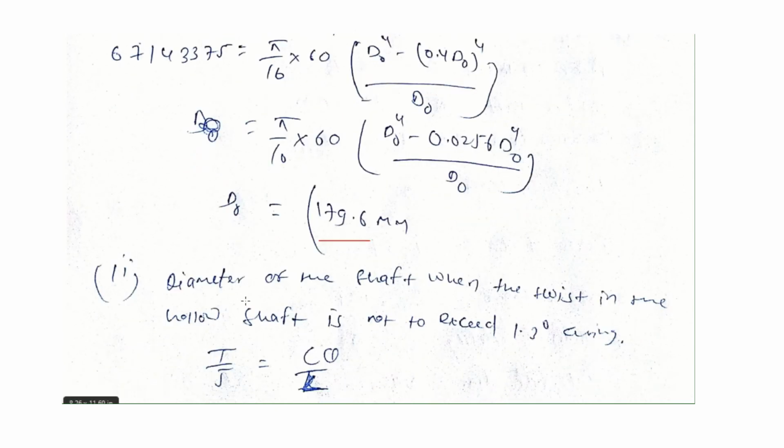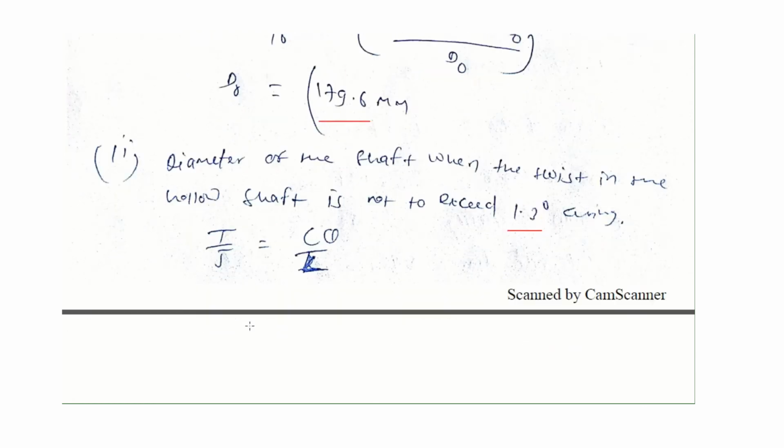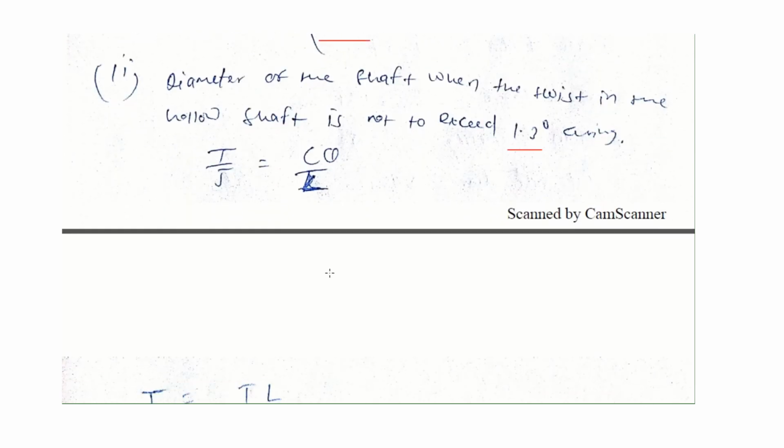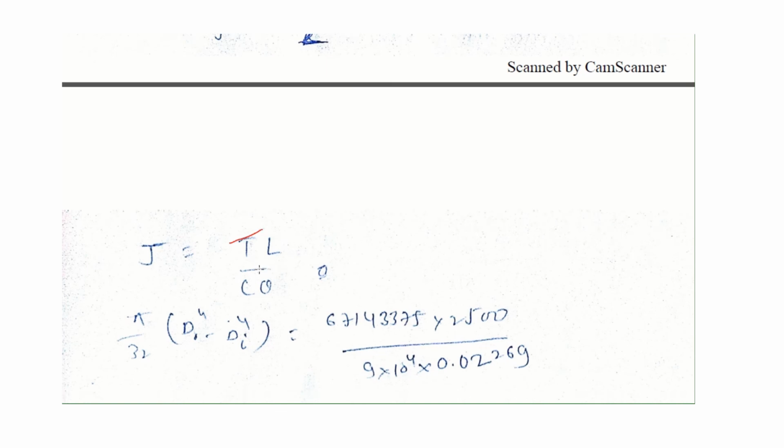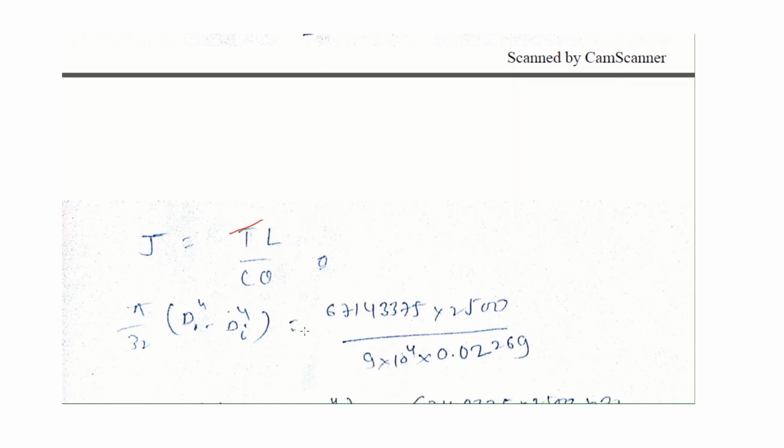Now from the second condition, the diameter of the shaft when the twist in the hollow shaft does not exceed 1.3 degree. So we know T by J equals C theta by L. J is the polar moment of inertia, C is the modulus of rigidity, theta is the angle of twist, T is the maximum torque transmitted, and L is the length of the shaft.